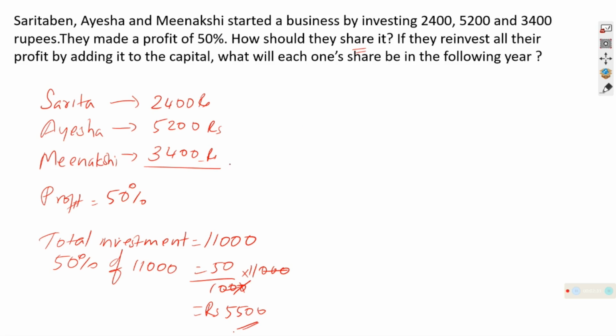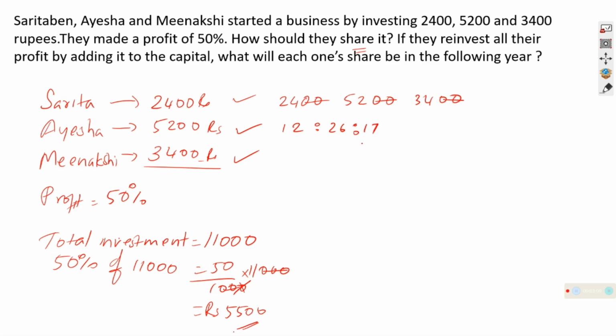Now they should share it. To share it, they should share it according to their investment or capital. That means it is 2400, then 5200, 3400. If you make it a simple ratio, cancel by dividing with 100, then divide it with 2, it will become 12 is to 26 is to 17.